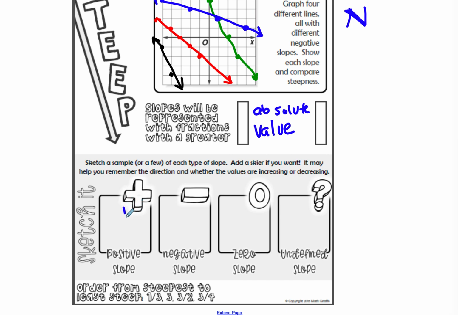So positive slope, got to start with my coordinate plane. I think I'll set up all 4 of my coordinate planes here in blue, and then I'll switch colors for my lines just to make them stand out a little bit better.